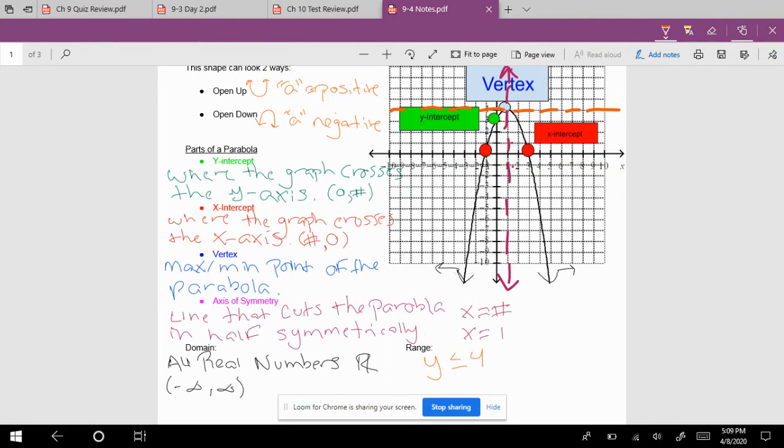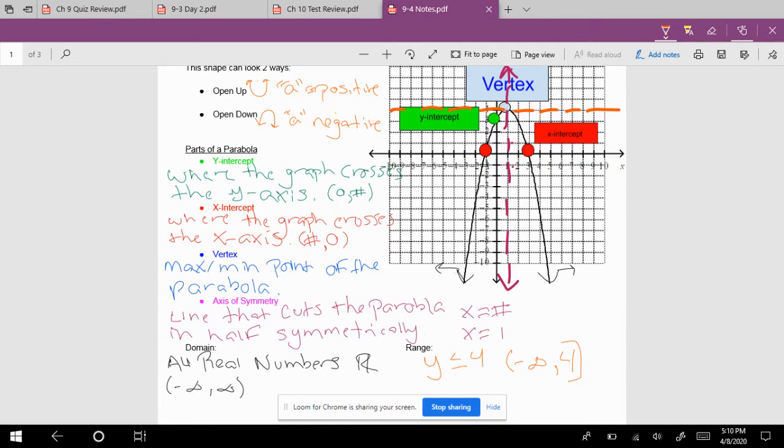So we are allowed to equal 4, and this is going down, right? The parabola is going all the way down, it's going negative. So what I would do is I would describe it as, well, I go towards negative infinity, but then I go no higher than 4. And because I can equal 4, I have a bracket, not a parenthesis.